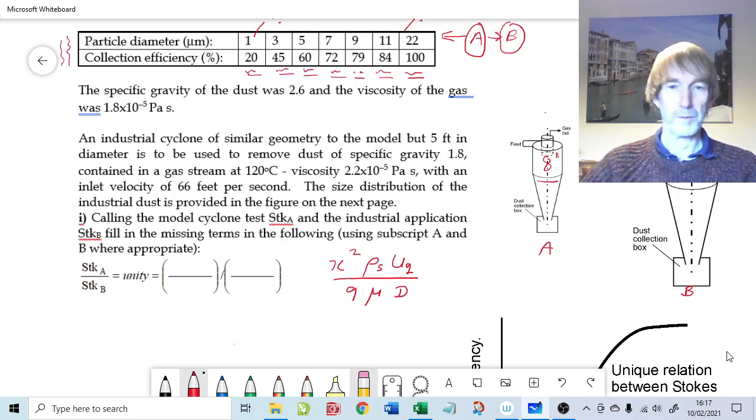Okay, so that's what the Stokes number is, but we want to preserve the Stokes number.